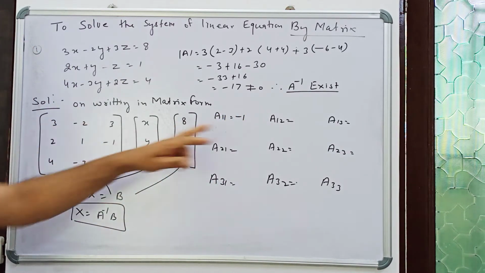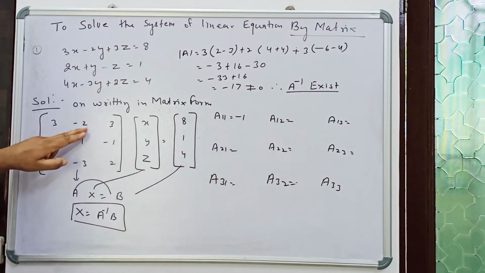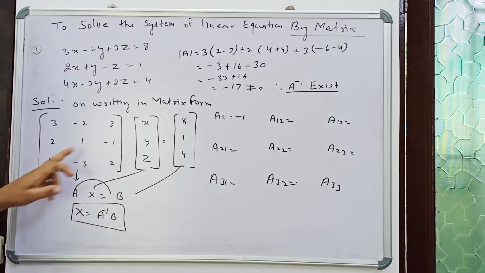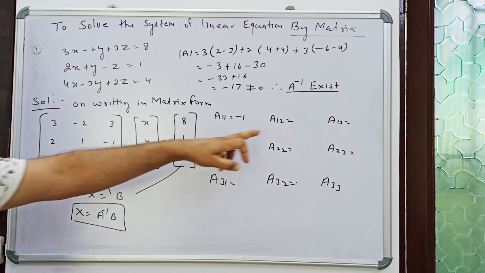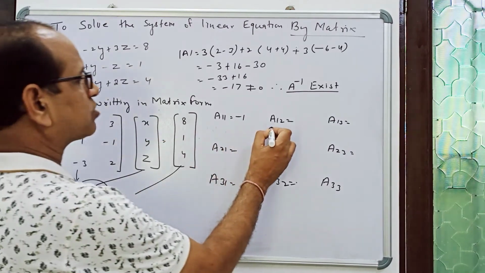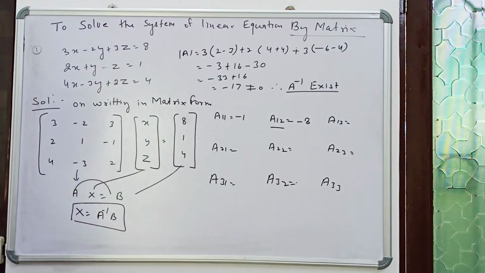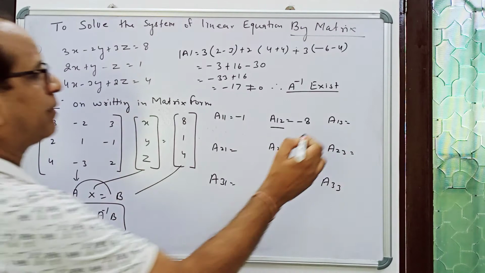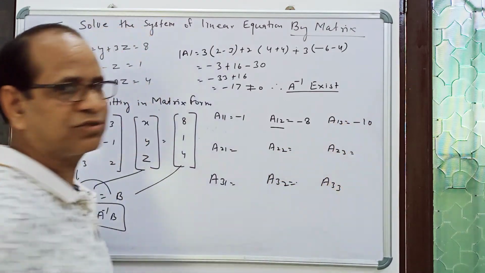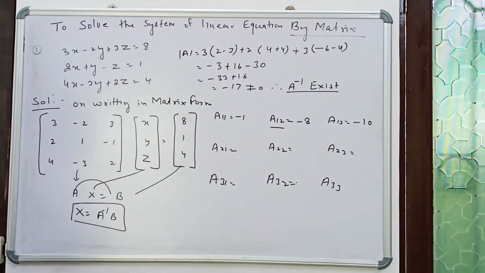The second is A12. A12 means this one. So it is 4 plus 4, 8. And because the sum of these two is odd, it will be minus 8. The next part is A13. So it is minus 6 and minus 4, minus 10. So these are the cofactors of the first row.